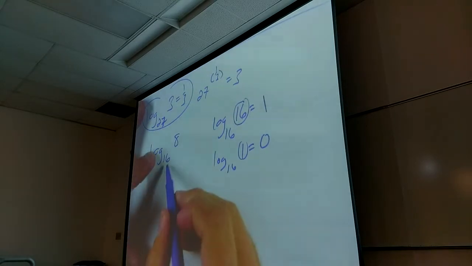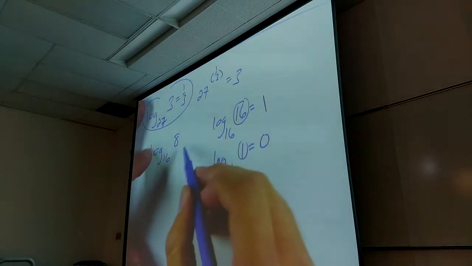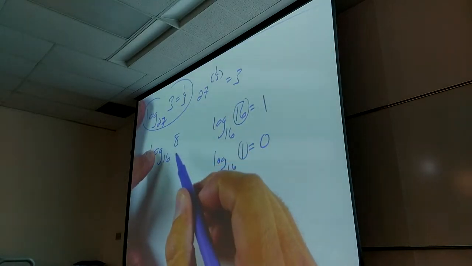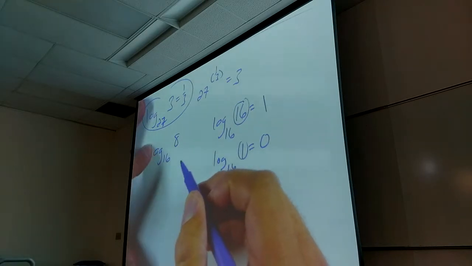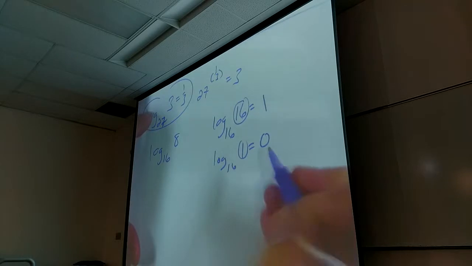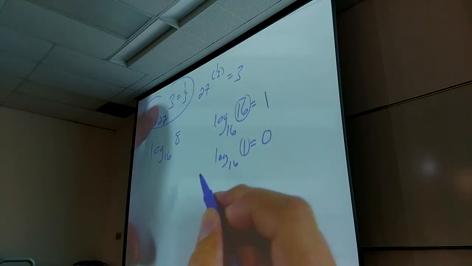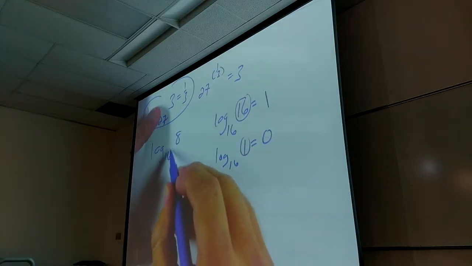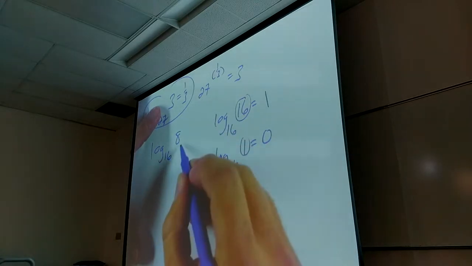Now, how are you guys trying to attack this? Don't just tell me the answer. Is anyone actually trying to attack this thing? Yes, sir. I'm just bringing it down to a number that can... Yeah, good. Do that. So 16 is based on what number? 2. And 8 is based on 2. I like it.